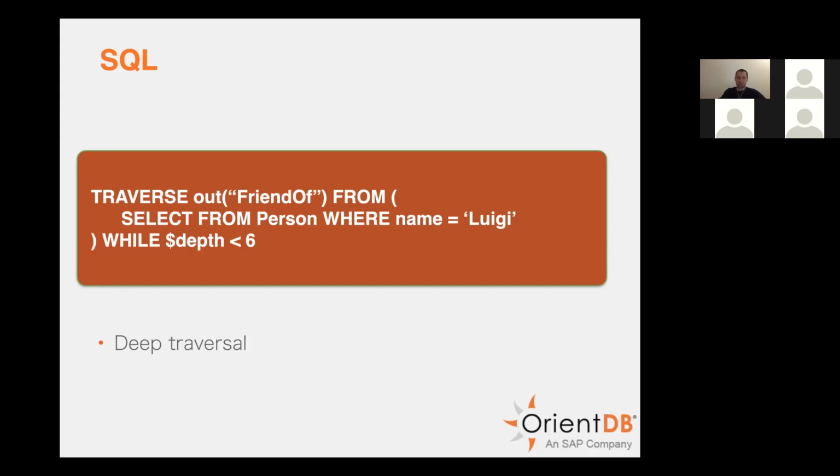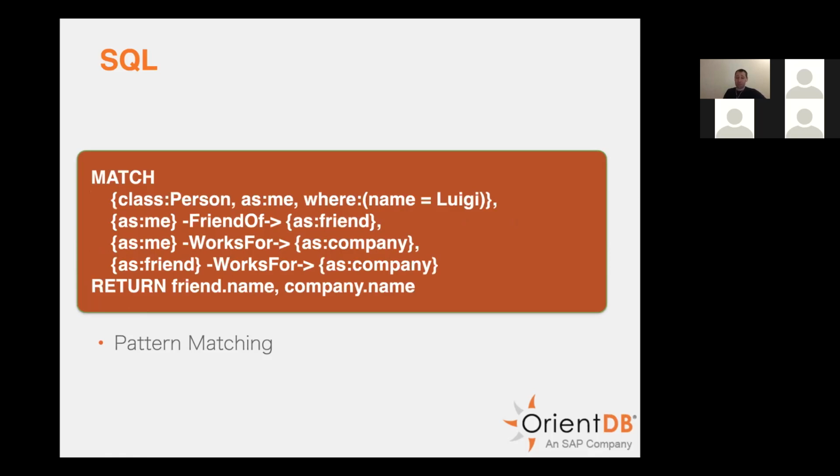You can do that. And again, pattern matching. This is slightly different from what you do in SQL. In this case, it's more declarative. You declare a pattern. You see, there's a person. I call it me. I give it an alias. And I give it a few conditions like name equals Luigi. So checking a person. And then I define patterns.